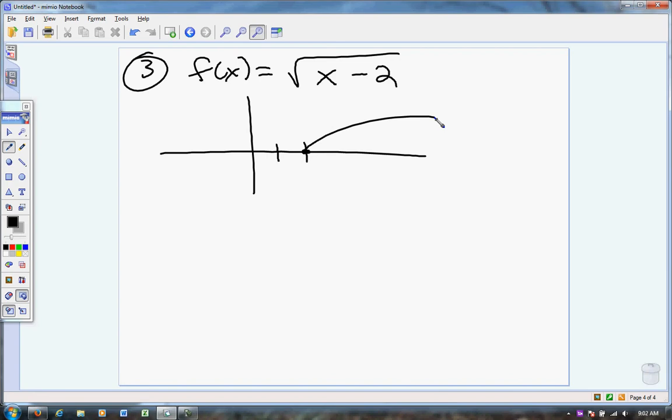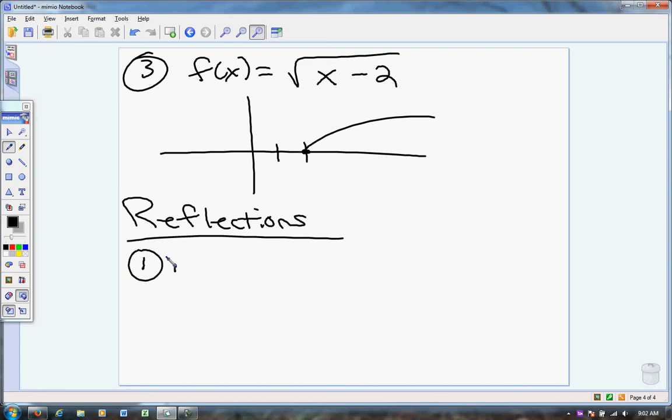Now, we also need to talk about reflections. And when we talk about reflections, we're talking about flipping it upside down or flipping it across a certain axis. All right? The easiest way that I know to do this is this way, rule number 1.